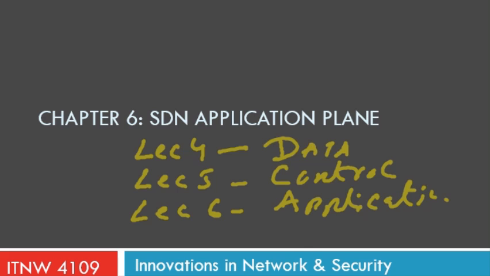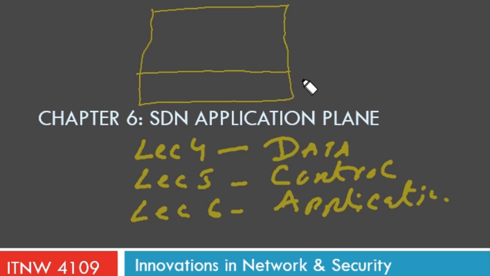So students, we already discussed the architecture and the interfaces. If this is the SDN architecture, here is the data plane down, and then we have the control plane, and here is the application plane.